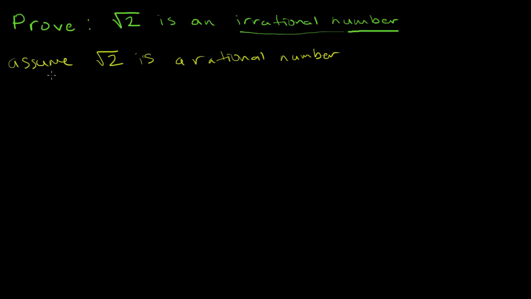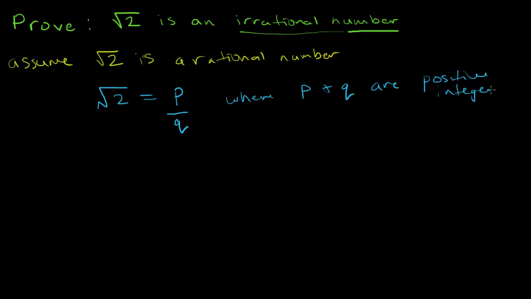If root 2 was a rational number, then it could be expressed as root 2 equals p divided by q, where p and q are positive integers. In other words, we could write p, q are elements of Z positive, which is the positive integers.